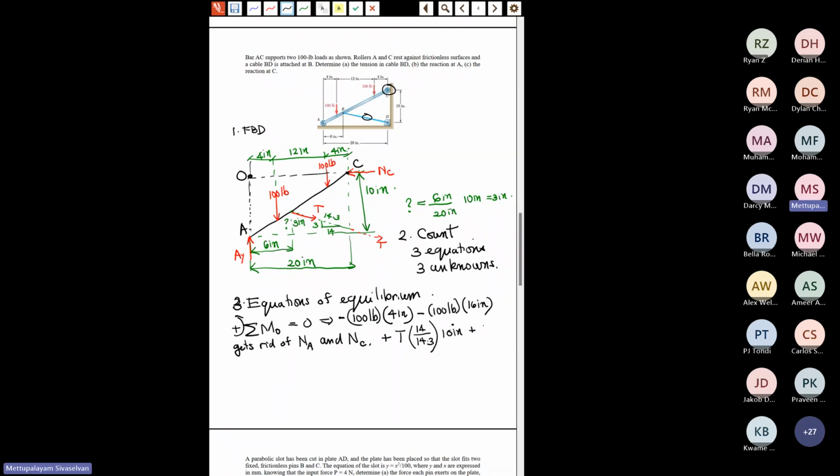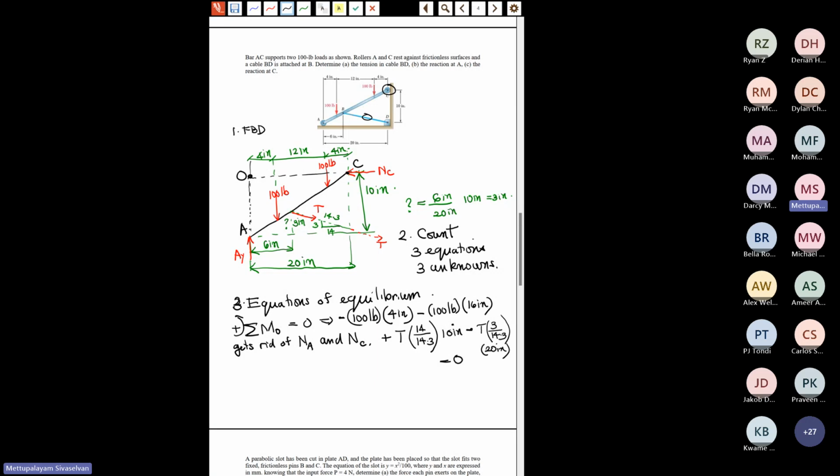And then plus the vertical component, which is T times 3 over 14.3, times that distance, which is 20 inches. But the vertical component has a clockwise moment, so that's a minus, equals 0. Okay, so I have this one equation in the one unknown T, and I can solve for it.